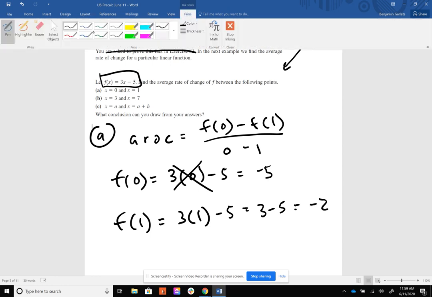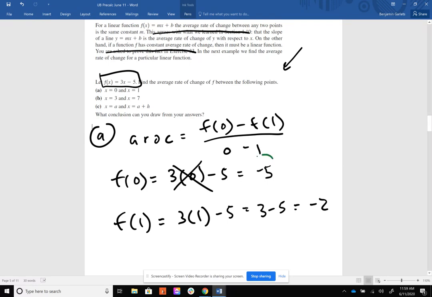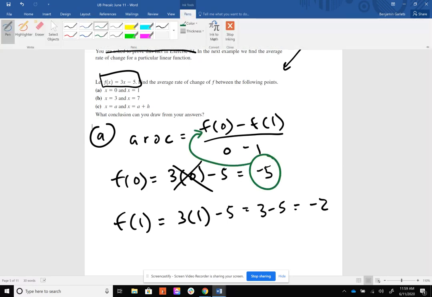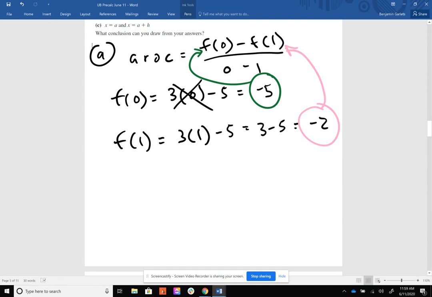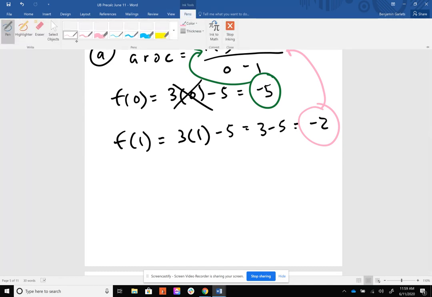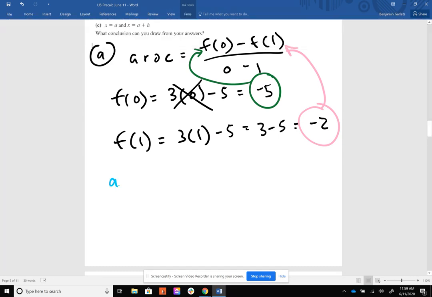So this is going to go right there, and this is going to go right there. And then I'm going to evaluate. So the average rate of change for part A is negative 5 minus negative 2 over 0 minus 1.